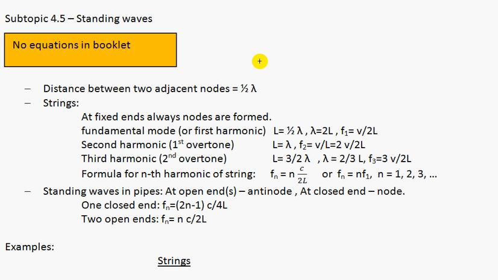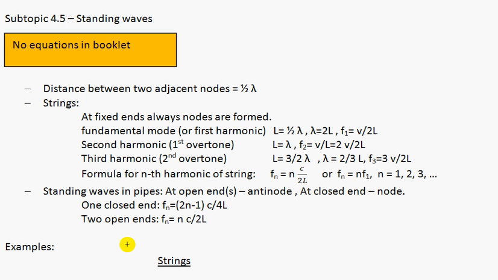What you should remember: the distance between two adjacent nodes is half lambda. For strings, the lowest frequency, which is called the first harmonic or fundamental mode, frequency is v over 2L. Second harmonic so much, and the formula for the nth harmonic will be so much.